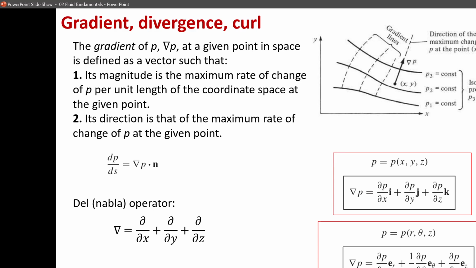When you multiply this by a scalar like pressure, we call this taking the gradient of pressure. Your final result is going to be like this: partial p partial x i, partial p partial y j, and partial p partial z k. Okay.